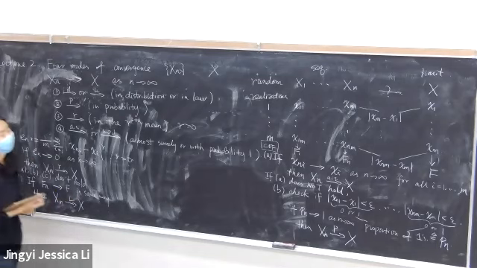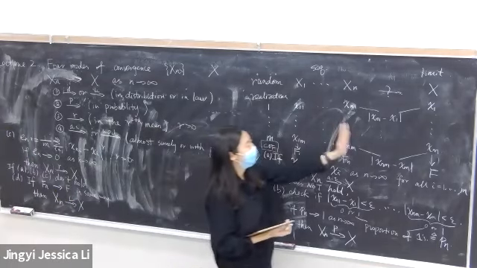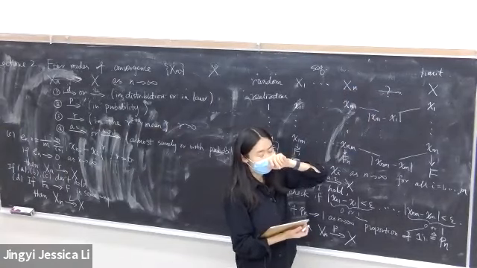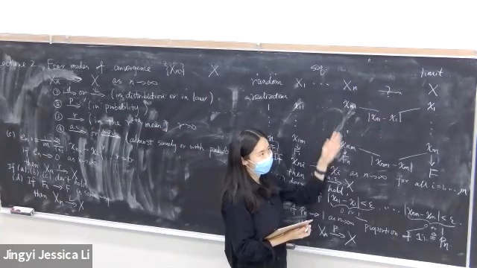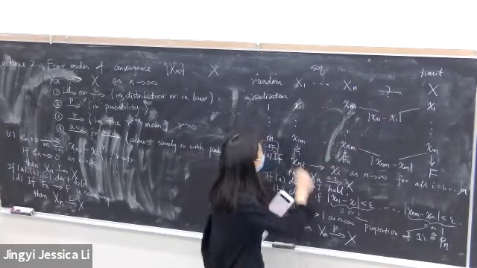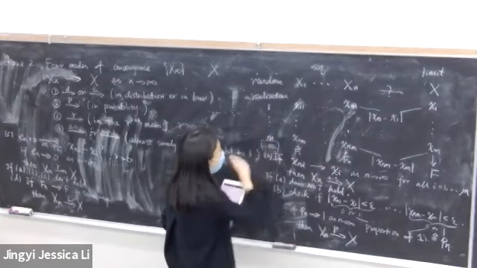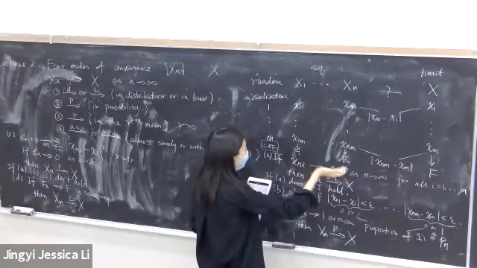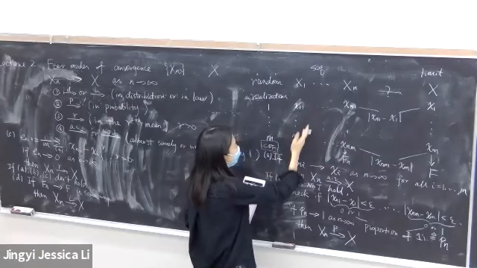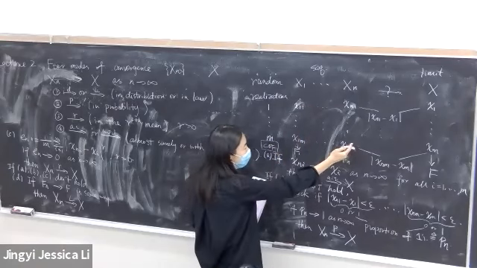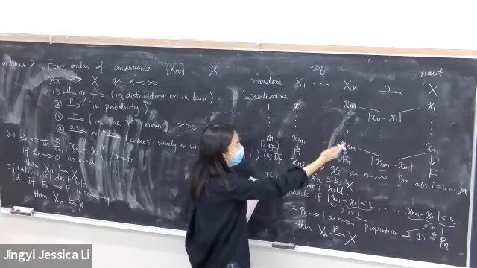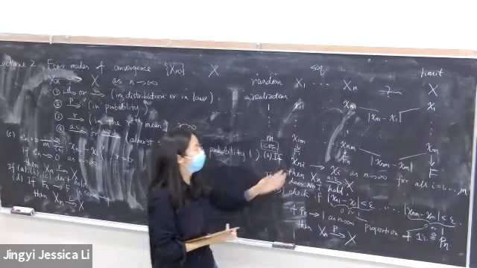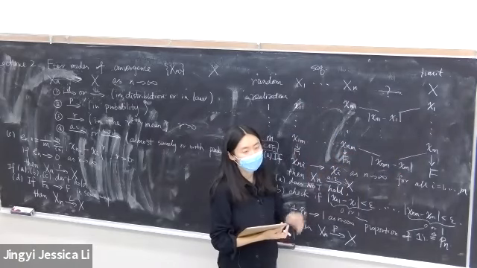So you see, when I talk about this, the dependency between Xn and X does not come into play because I'm looking at each random variable's distribution separately. Graphically speaking, you can think about the CDF, maybe I'll talk about it later, as just a distribution, and another distribution. If the distribution is getting closer and closer to the distribution of the limit, then you're good. And there could be dependency between the two, or there could be none.